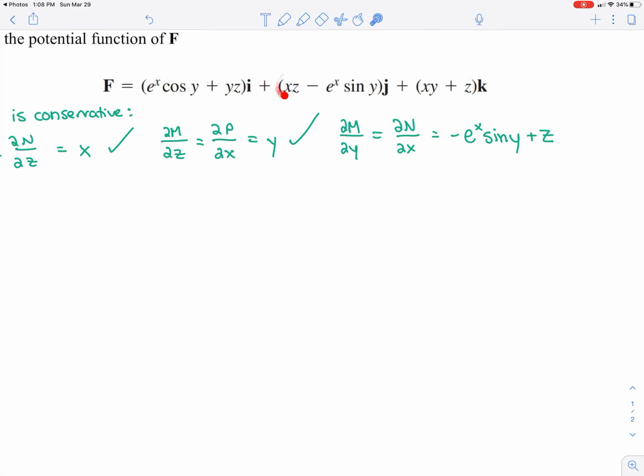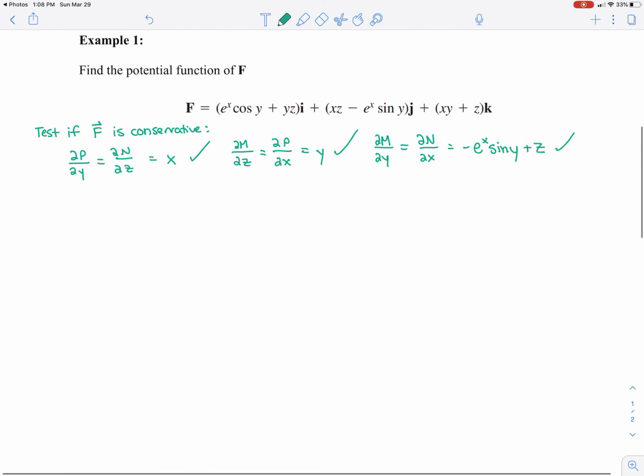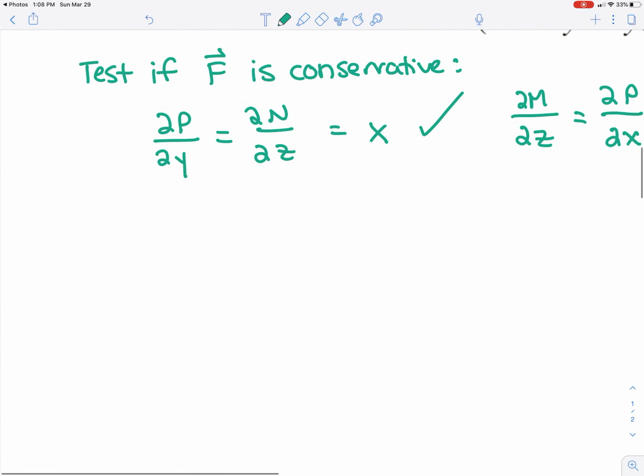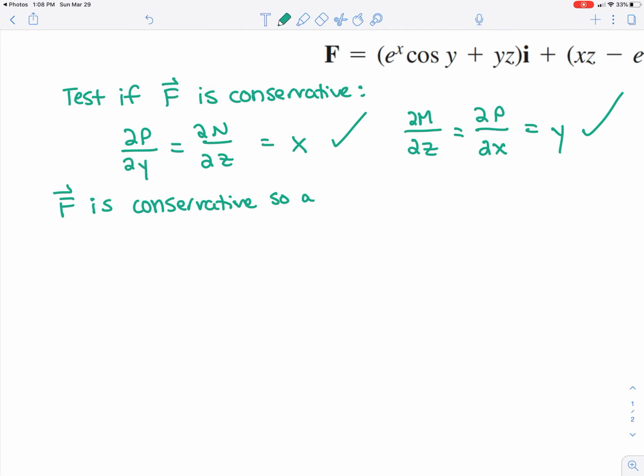That's going to be z plus, oh no, it's with respect to x, so this is just e to the x sine y. Yeah, negative e to the x sine y plus z. So that checks out as well. So we know that f is conservative, in fact, because all three of those equalities are true. So f is conservative, so we know a potential function does exist.